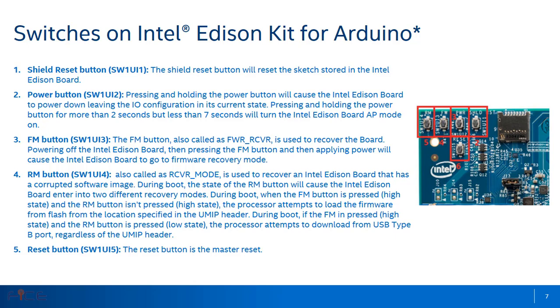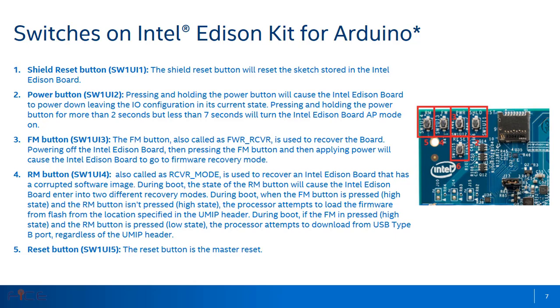During boot, when the FM button is pressed high and the RM button is not pressed, which is again high state, the processor attempts to load the firmware from flash from the location specified in the UMIP header. During boot, if the FM is in high state and the RM button is pressed, low state, the processor attempts to download from the USB type B port, regardless of the UMIP header.